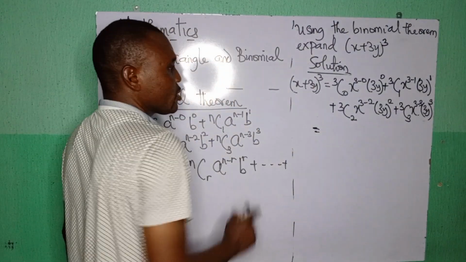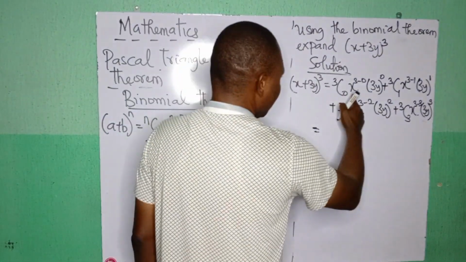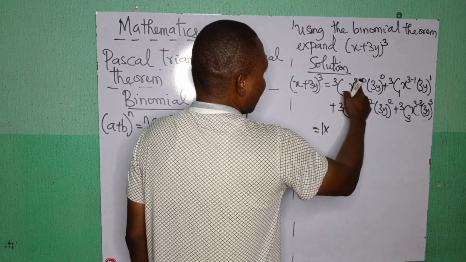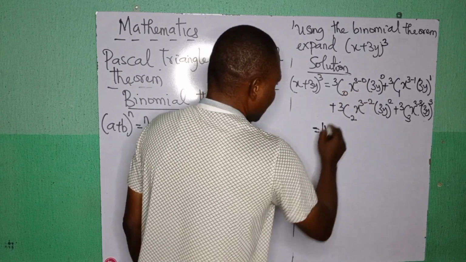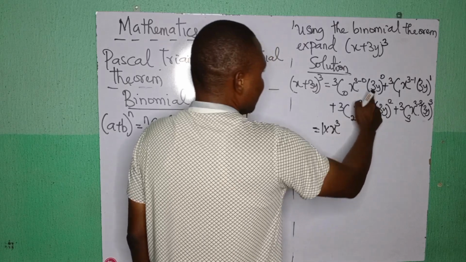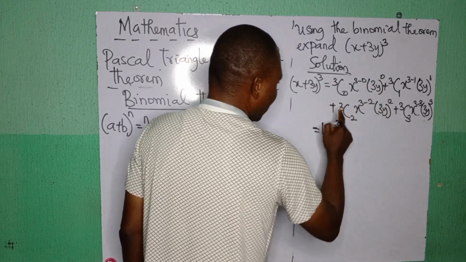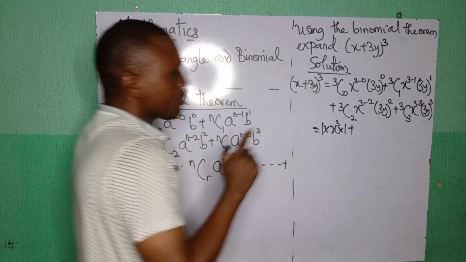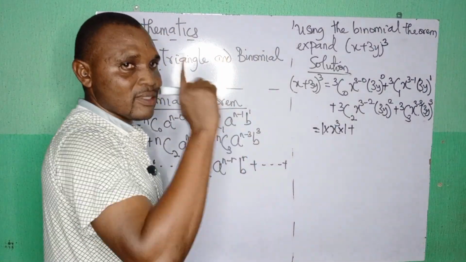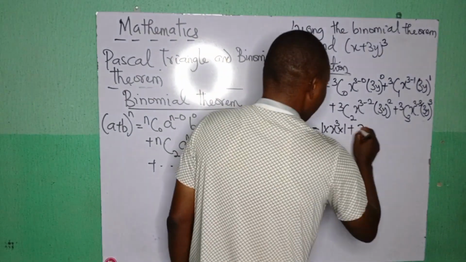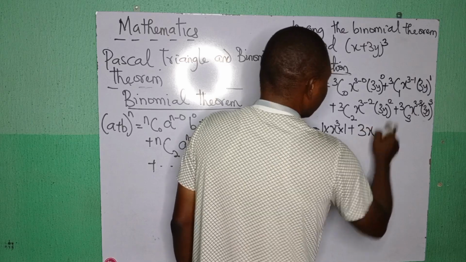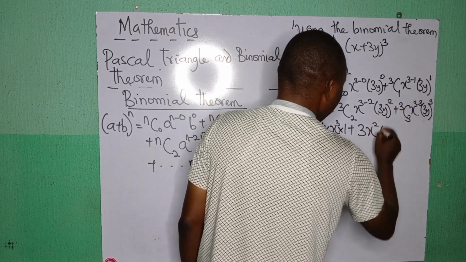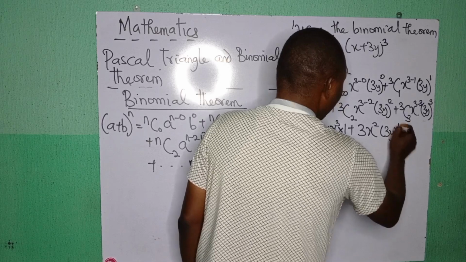Now 3 combination 0 is 1, then times x raised to the power 3 minus 0, which is 3. 3y raised to the power 0 is 1. This plus 3 combination 1 is 3. So having 3, x raised to the power of 3 minus 1 is 2, and here is 3y raised to the power of 1.